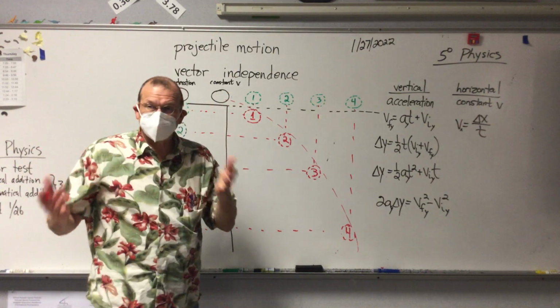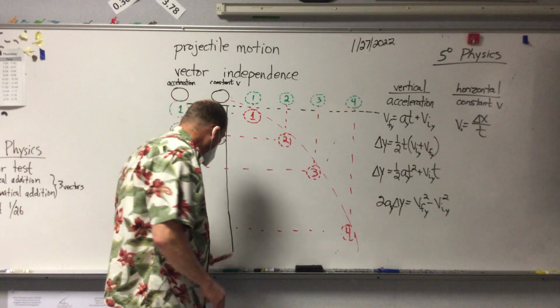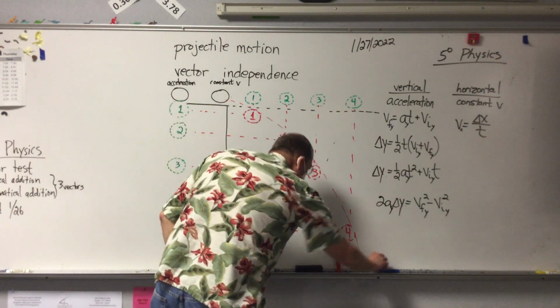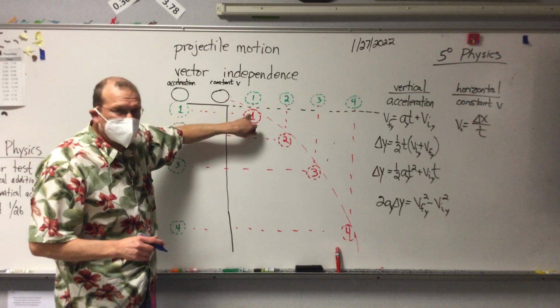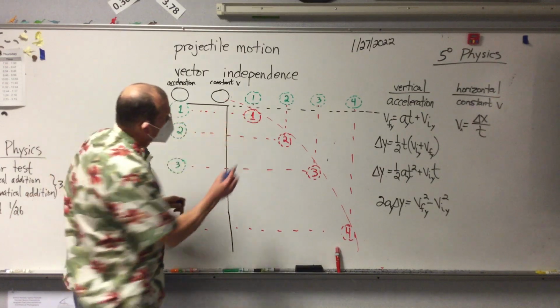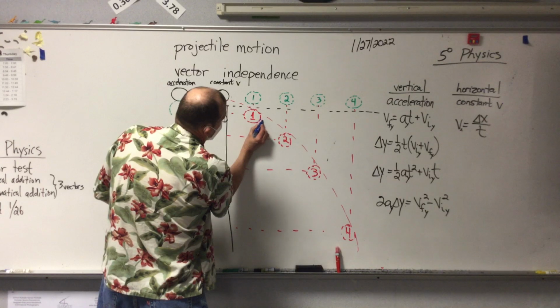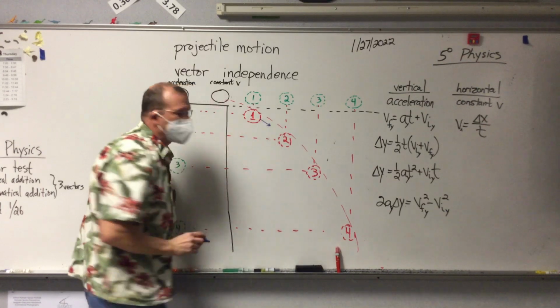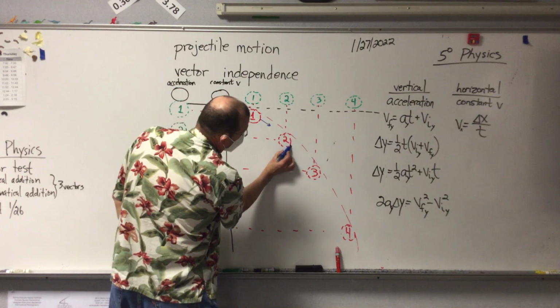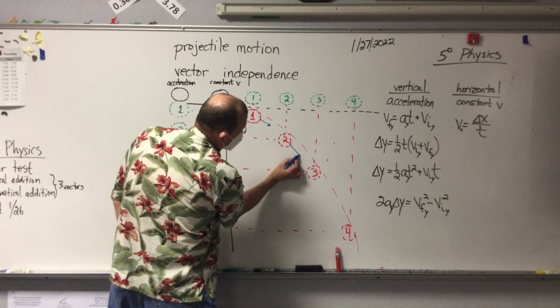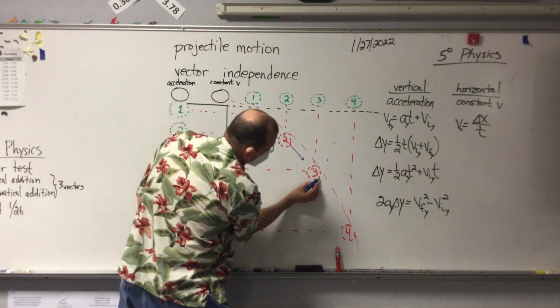Now, how does this deal with vectors? If we were to ask, what is the velocity at position 1 here? We would be drawing an arrow that would look like that. At position 2, it would look like that.